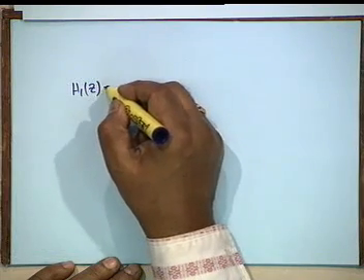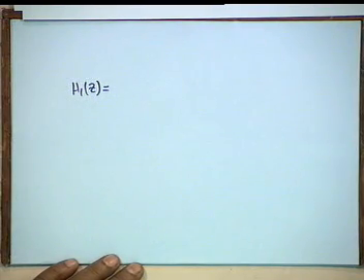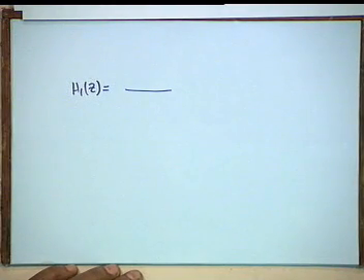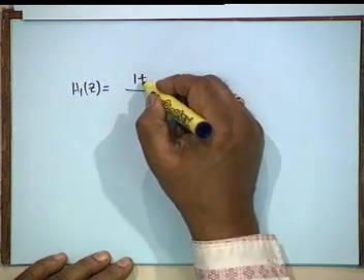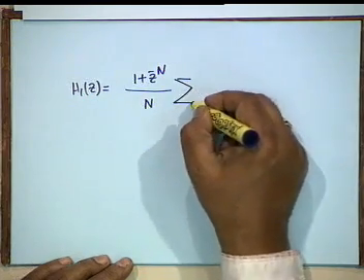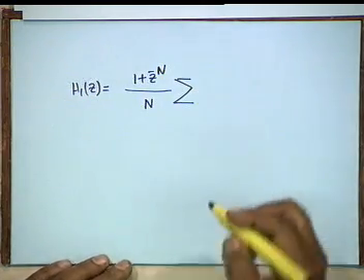In this case, the transfer function, that is H1 of z, can again be obtained directly from capital H of k. You do not have to go via h of n, and in this case instead of 1 minus z to the minus N, you get 1 plus z to the minus N. Okay, you get 1 plus z to the minus N divided by N. It can be shown in a very similar manner.